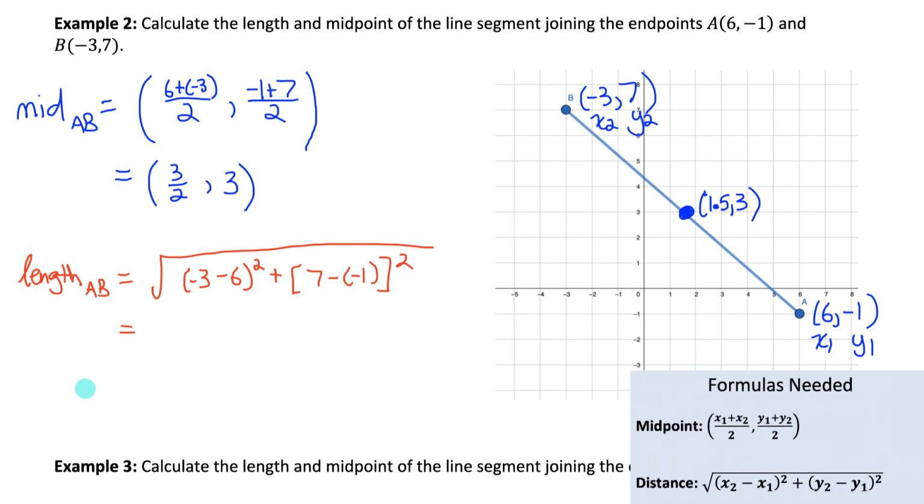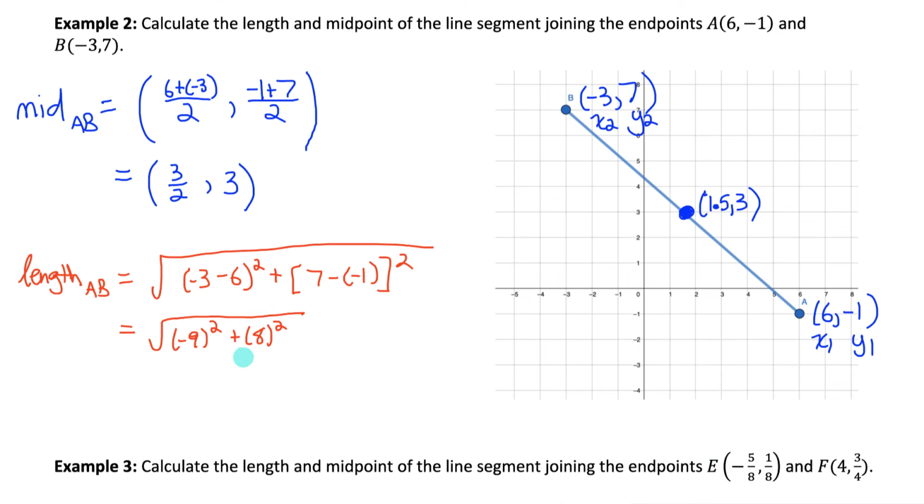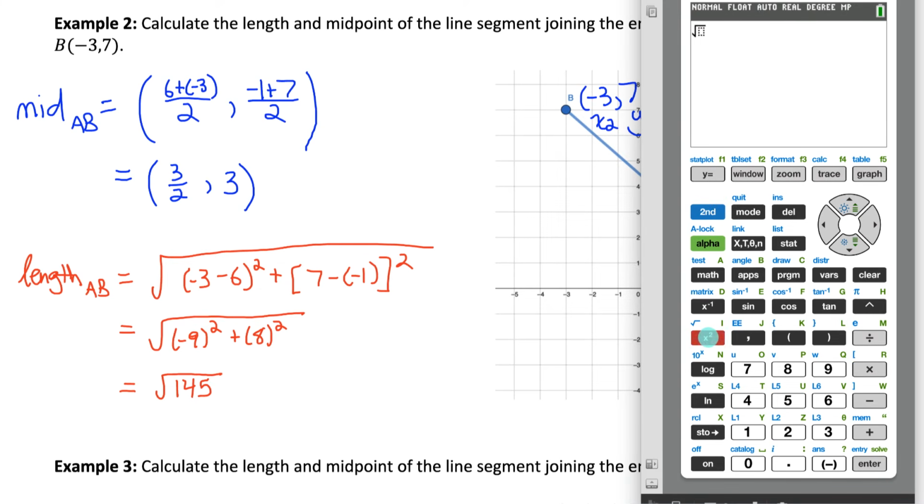If I simplify underneath the square root, I would have -9 squared plus 8 squared. If I collect those terms under the square root, I would have the square root of 145 as my exact answer. If I want an approximate answer, I can type that on my calculator, and I get approximately 12.04 units.